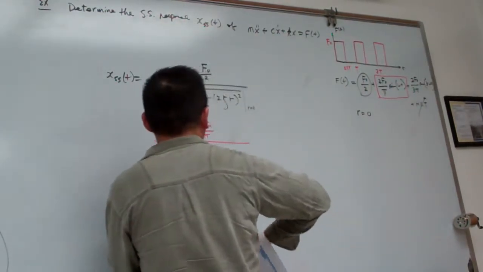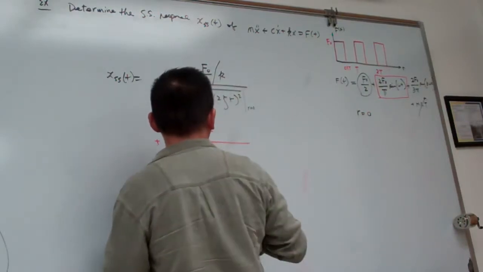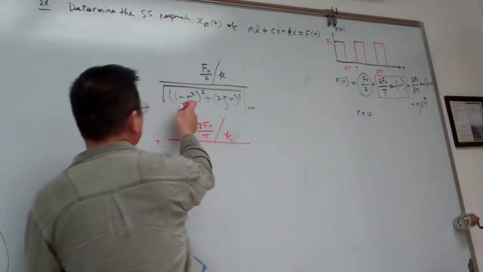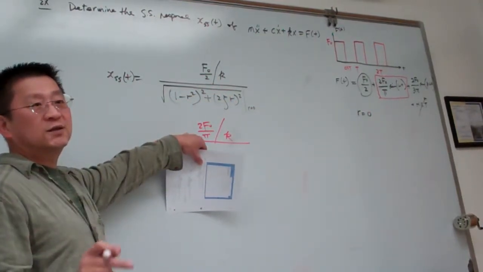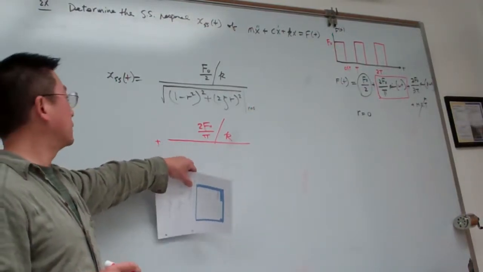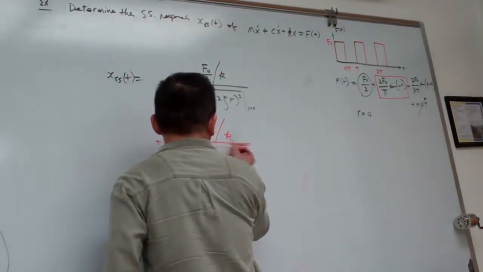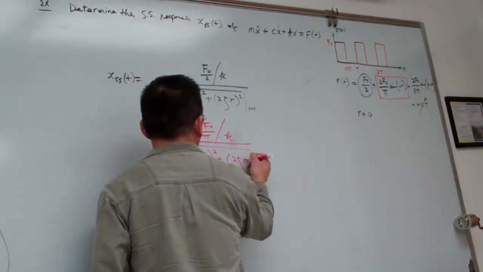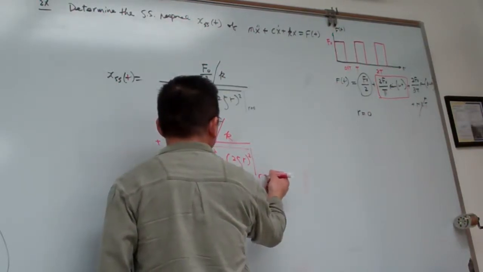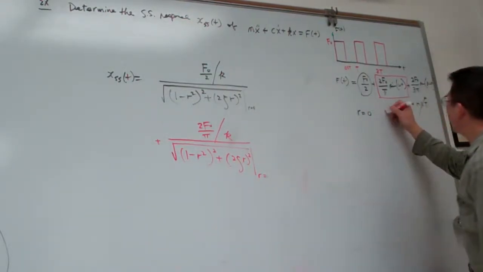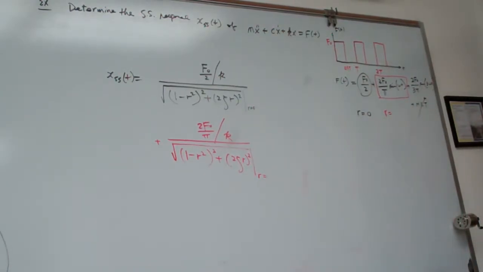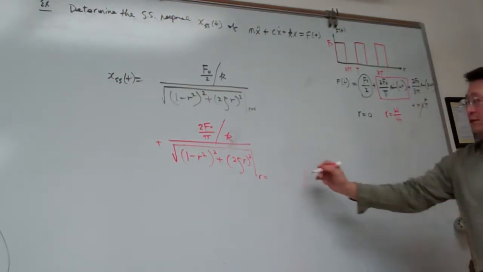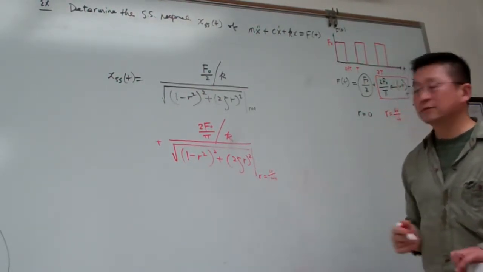I need to divide by k, because if you remember that formula, if I take r, then the numerator should be delta st. Again the same template, 1 minus r squared plus 2 zeta r squared, and for this case, what is r? For the second term, r is the ratio between the working frequency, which is omega, divided by omega n.